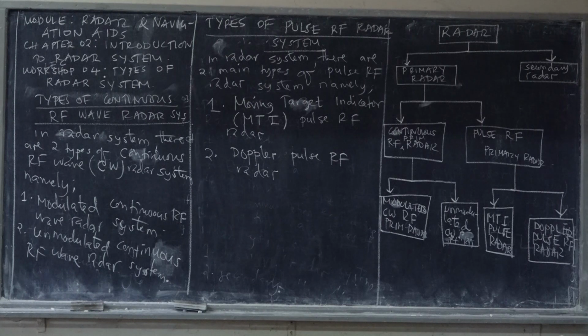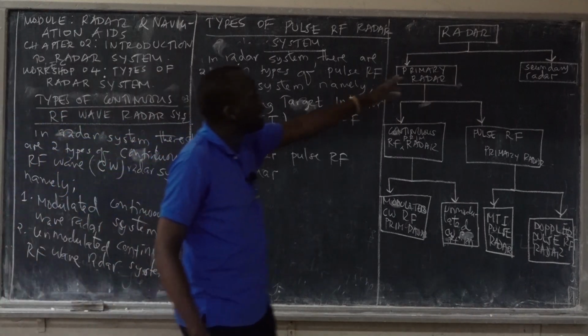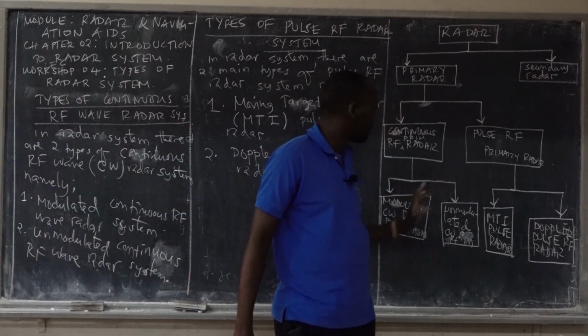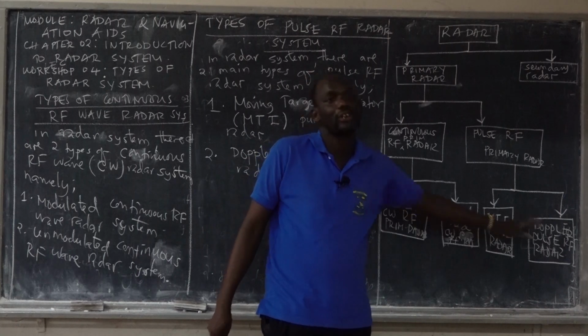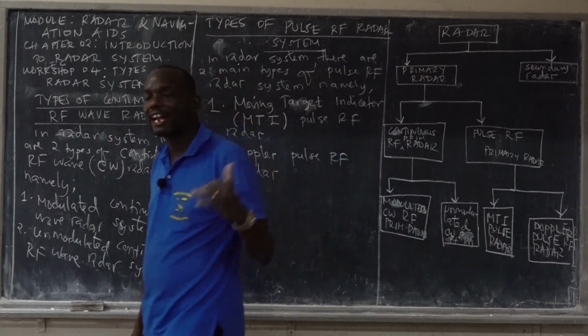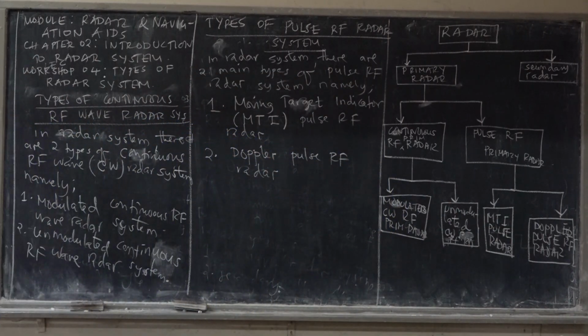Then we'll discuss in detail what is primary radar, what is continuous radar, what is the pulse RF primary radar. Each one has its own block diagram. So how many block diagrams do you have there? Go and find it.